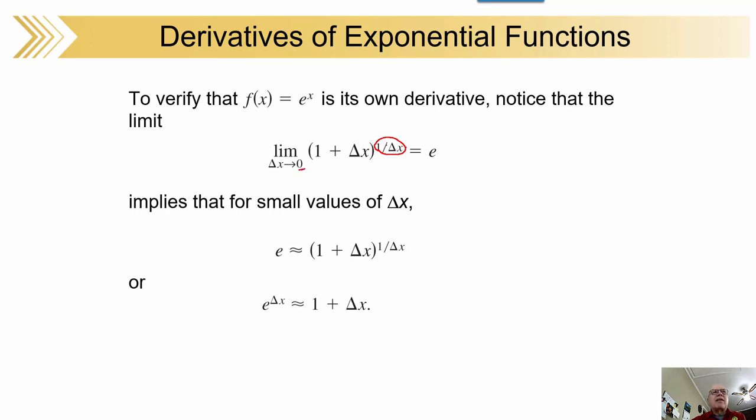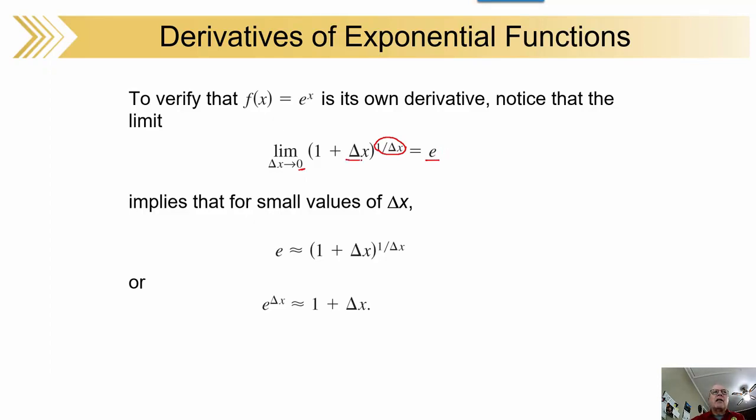So if this is getting very small, then this 1 over delta x is getting very big. So you've got something just a hair over 1 taken to a power that's getting very, very, very big. But the two sort of balance out each other, let's say, and we end up with a constant.